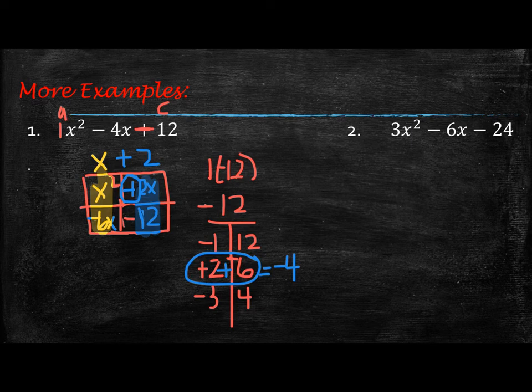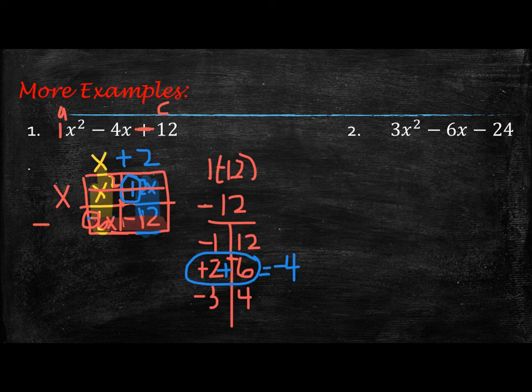Then we're going to look at the top row now. So if I look at this top row, x squared plus 2x can factor out an x. And then if I look at the bottom row, negative 6x minus 12, we're going to bring out this negative here. It's going to come out here.